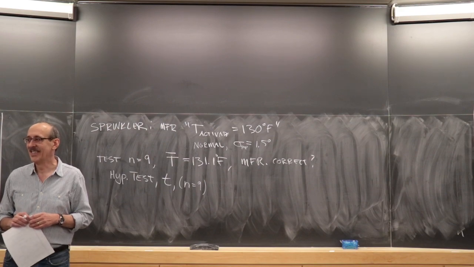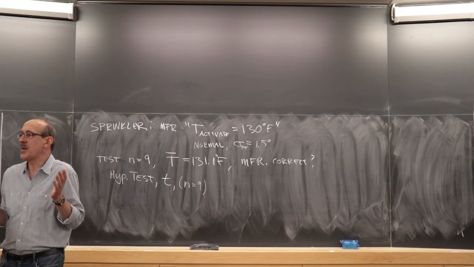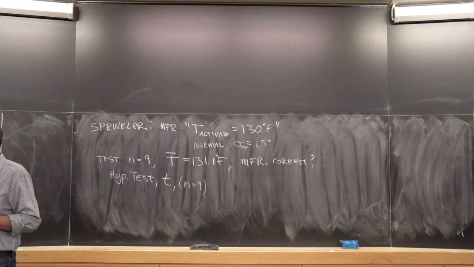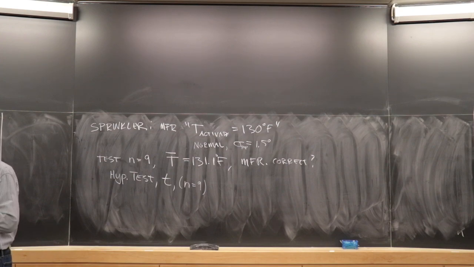That would be bad. I don't know how much difference 1 degree makes. I still think it'd be one-tailed because it'd be really hard to get up to that temperature to potentially set it off too early. If you look at the temperature range in a room, it doesn't get up to 130, at least not in Boston, very often.